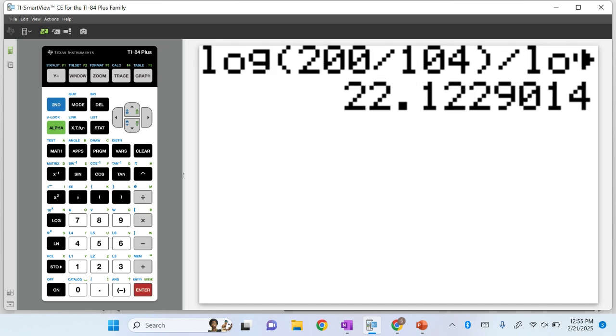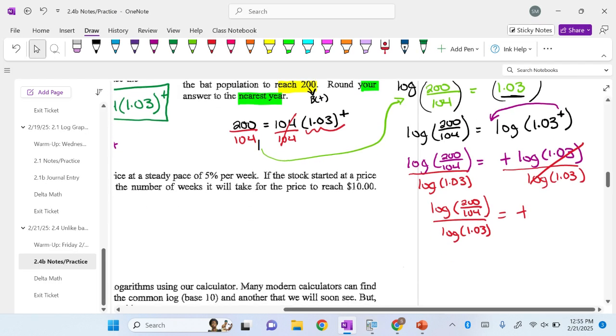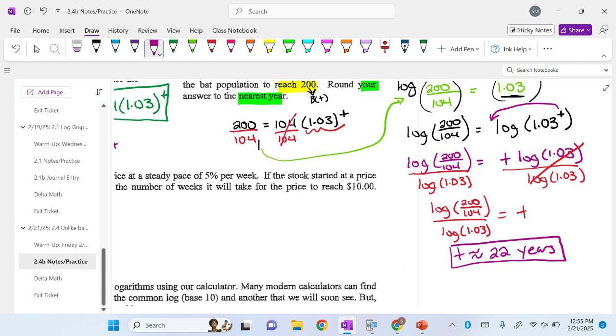So about 22 years have passed. So t in this case is approximately 22 years. And make sure you put your units. So again, same process, just different context.